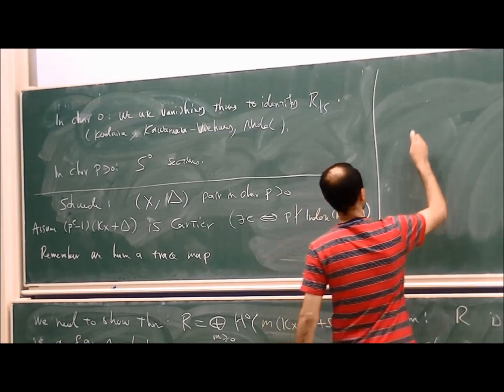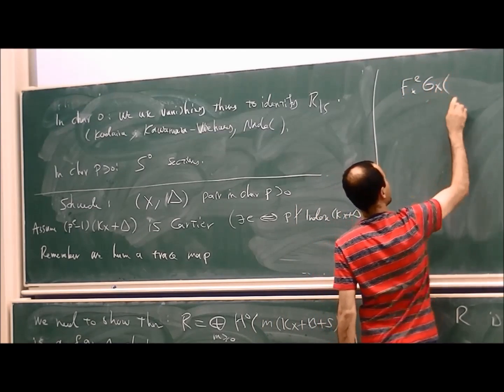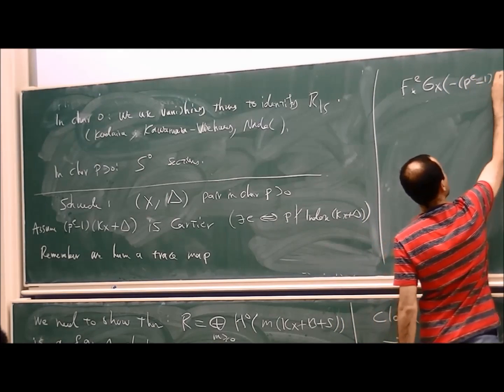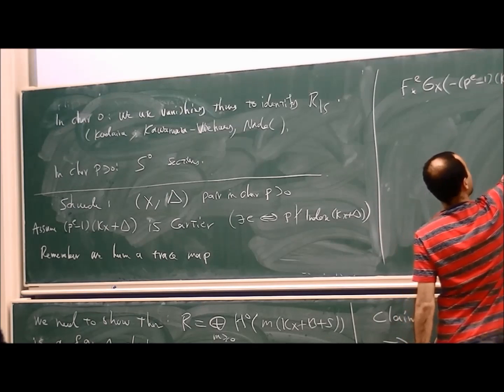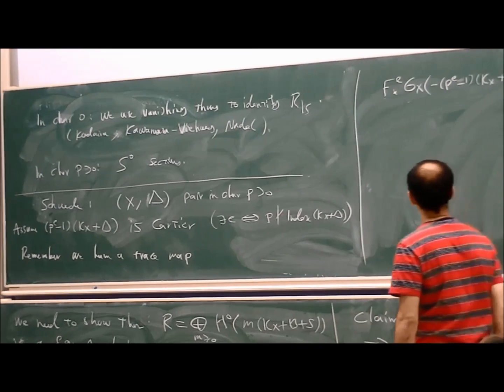Okay, so we have a trace map of this form. This is just given by duality. This goes to O_S.